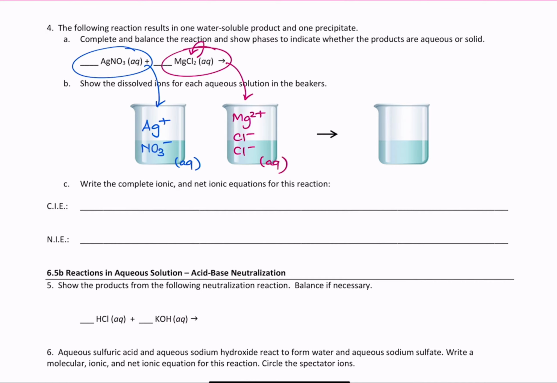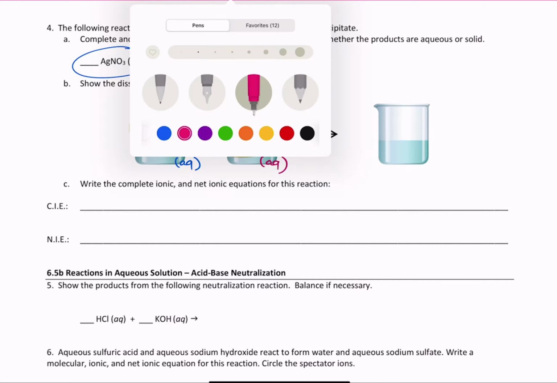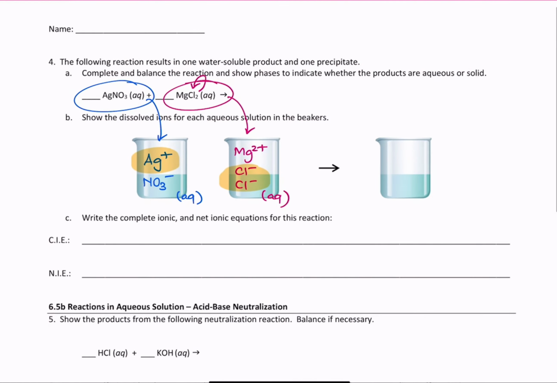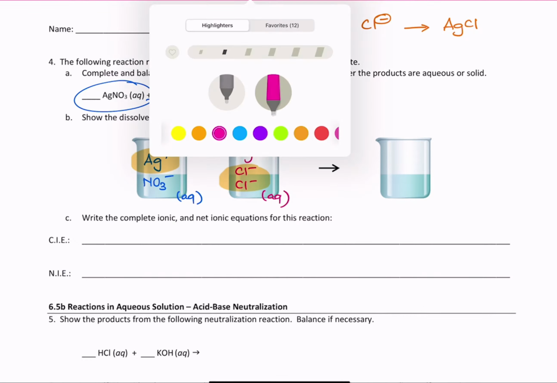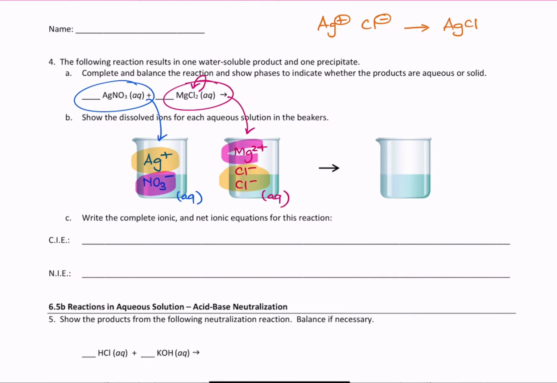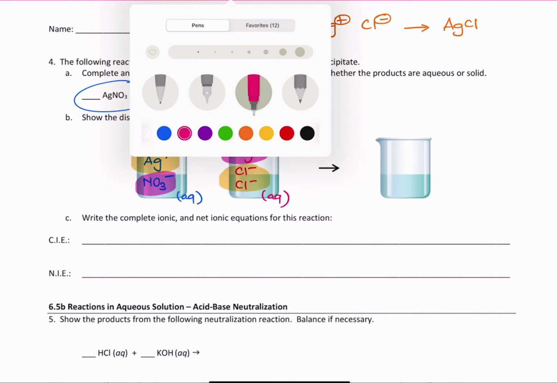The first product will be the combination of the silver ion and the chloride ion. What happened when the silver ion combined with the chloride ion? Well, in a 1-to-1 ratio, because they have the same magnitude of a charge, we will form AgCl. Okay? Then the next is the combination between the nitrate ion and the magnesium ion.